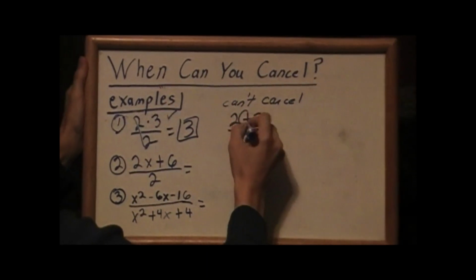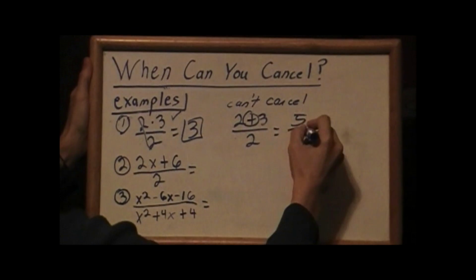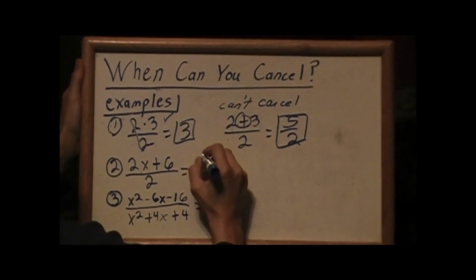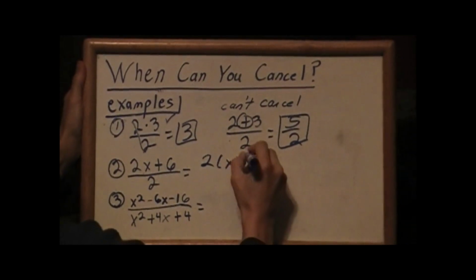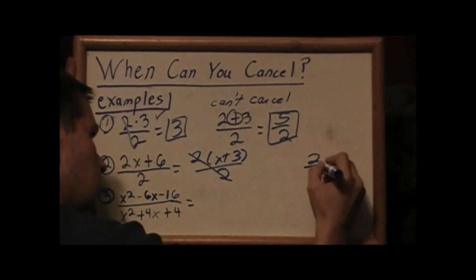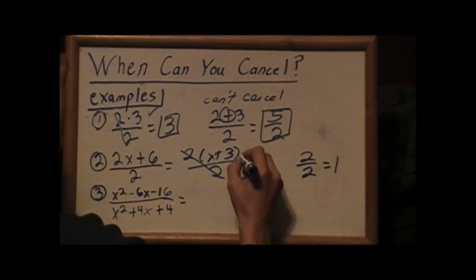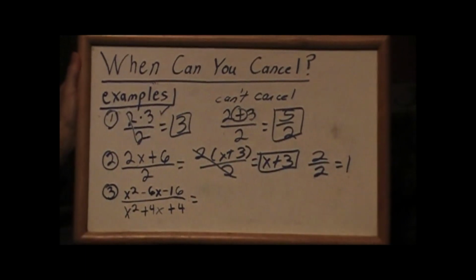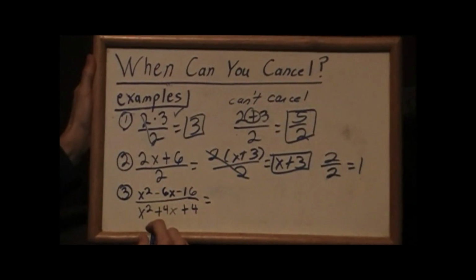Tell me when can you cancel? When factors are the same, we cross out to get 1. Write down what's left and then you're done. That's when I can cancel. Yes, that's when I can cancel.